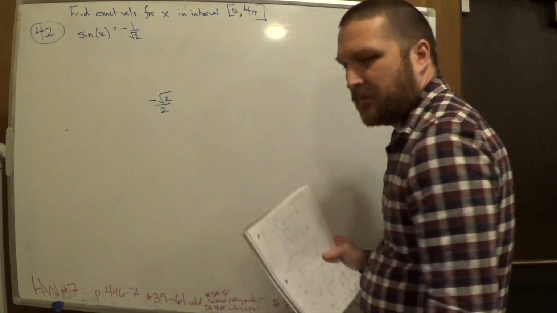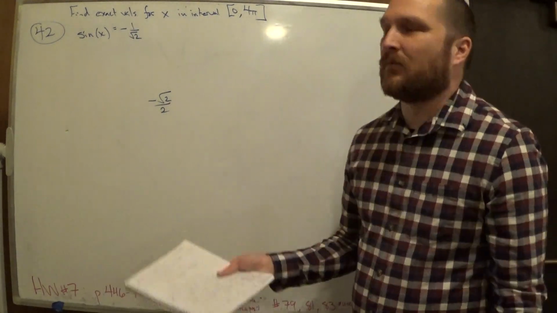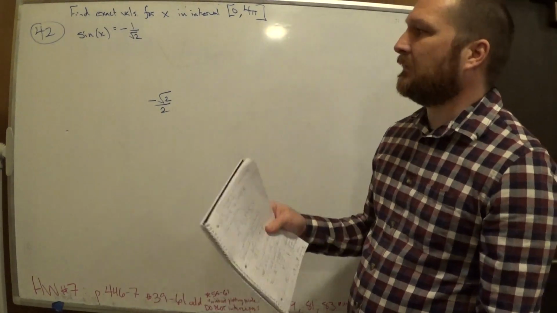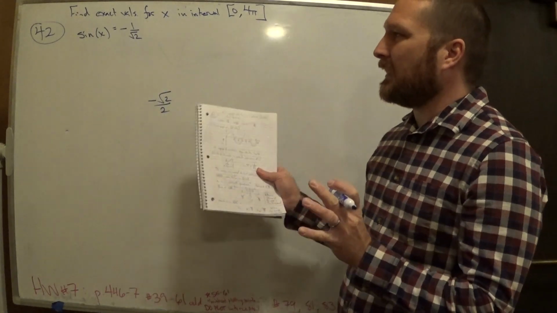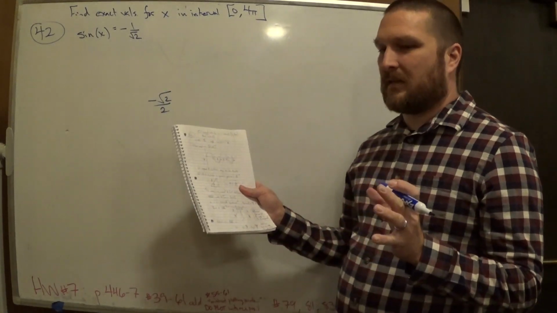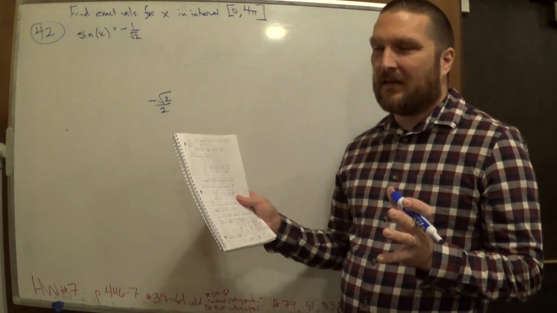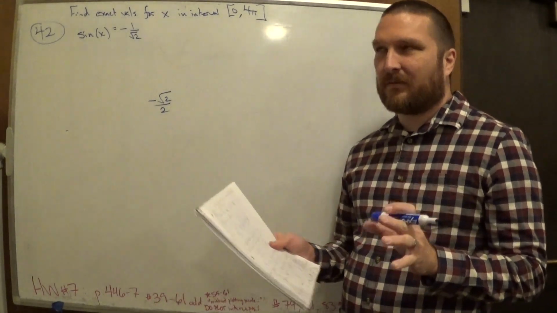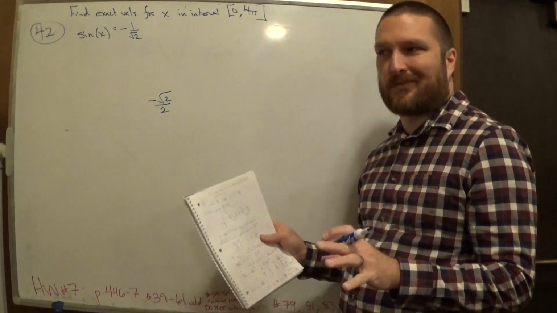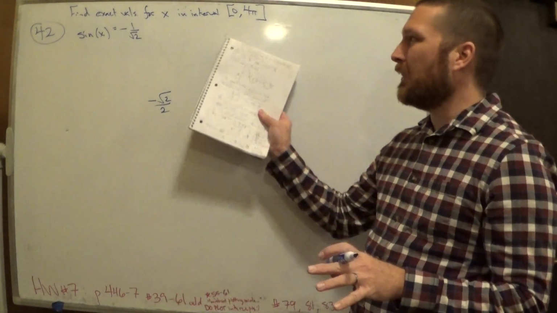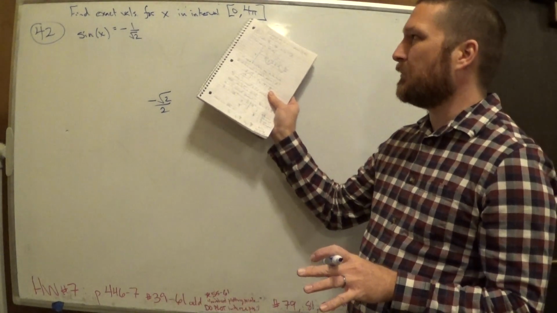We already found one of them, didn't we? Like, that was the first thing we did. We found that if you plug in whatever, but then, kind of like I was saying with the cosine, there's another one out there, right? And when you're just looking at the unit circle, it kind of gets hard to see where the other one should be. And what's more is we're not just talking about from 0 to 2 pi anymore.